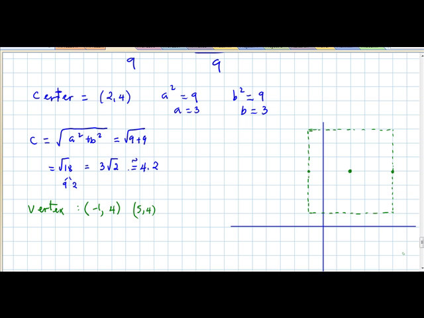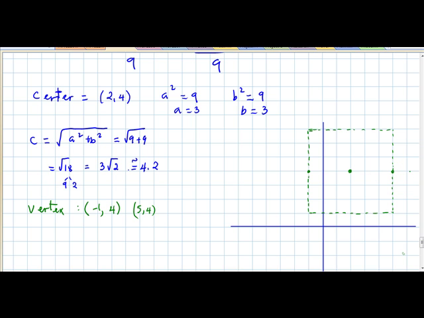The focus will be 4.2 units from the center. Here's the center, so our focus would be 4.2 to the right of that, and then 4.2 units to the left of that. So to the right, I go 1 unit, 2, 3, 4.